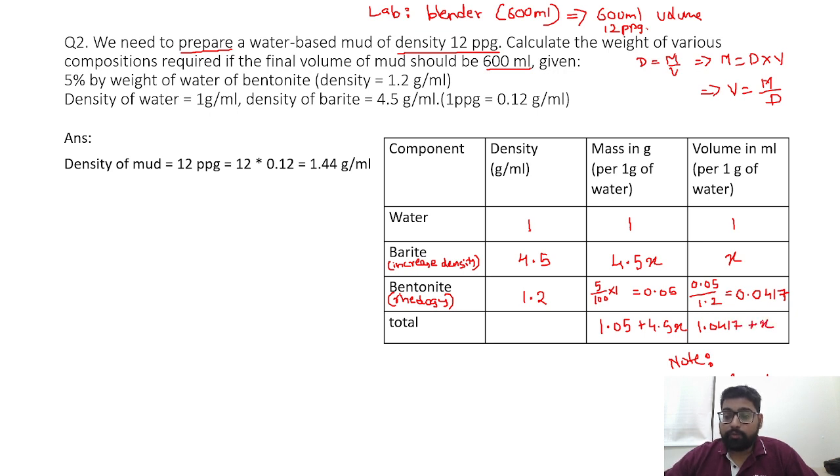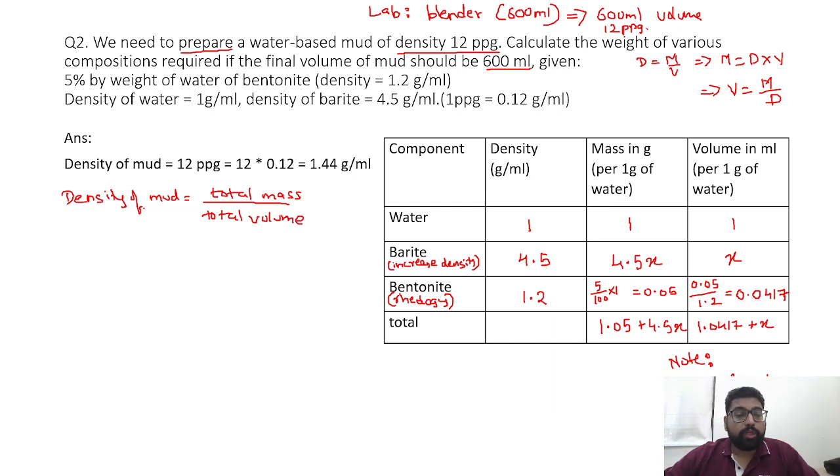Now we have mass as well as volume, but these are in terms of x. So let's see the density of mud. Again, we know the formula: density of mud is equal to total mass upon total volume.